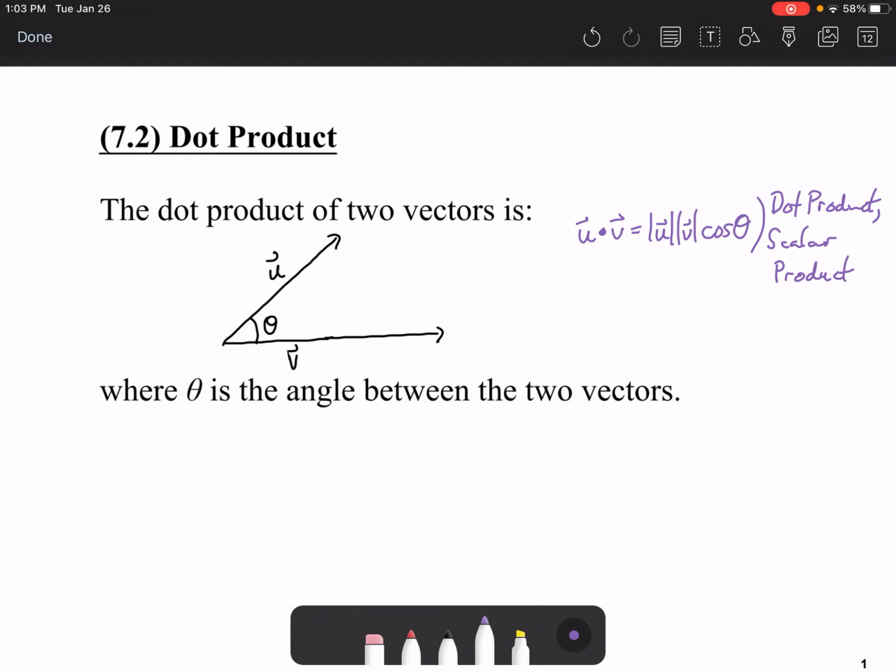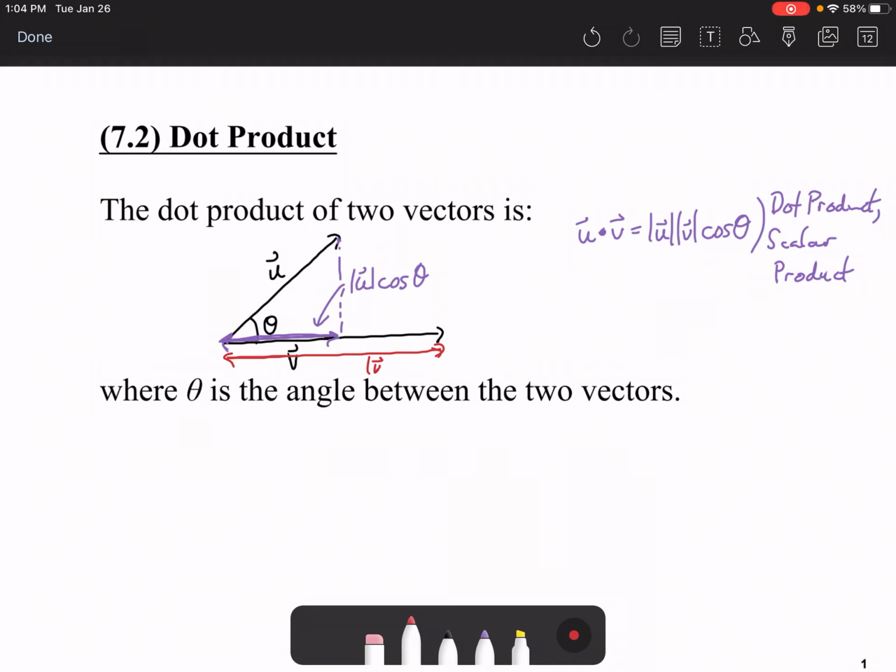Now what it actually does is it takes the horizontal component of the vector u, so this distance right here, which can be calculated just by taking the magnitude of u cosine theta, and then takes the size of vector v, which is this distance right here, and multiplies the results.